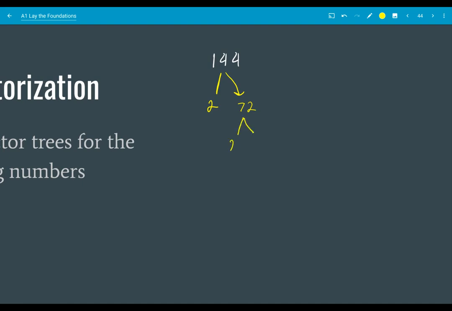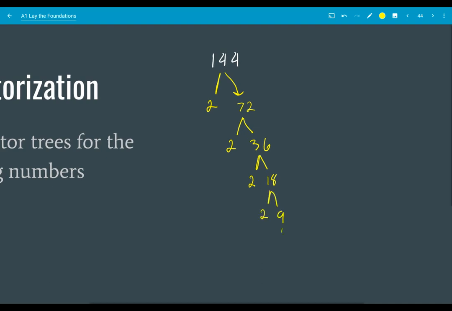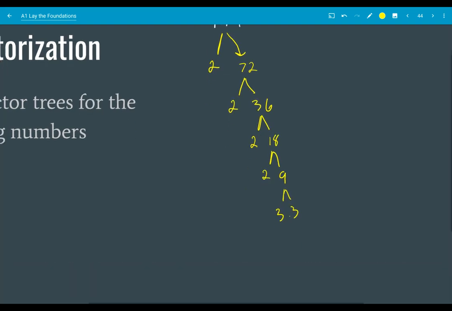And then I'm going to divide by 2 again, and I'm going to get 36. Do it again. I'm going to get 2 and 18. Do it again, 2 and 9. And then 9 is 3 and 3. So my prime factors are what's going to be at the bottom of my tree.